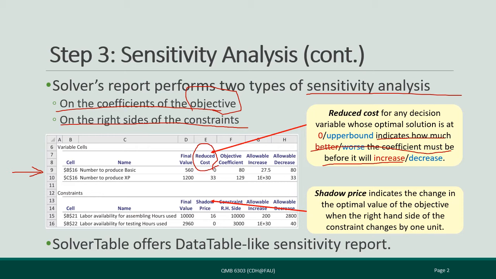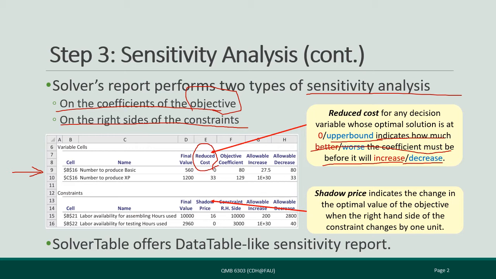But if the decision variable happens to be at the upper bound, then the reduced cost tells how much worse this coefficient has to be before the optimal solution will decrease. That's what the reduced cost means. Again, it may not mean much to you at this moment, but when you actually go through the example, you should see exactly what the reduced cost will do for you.